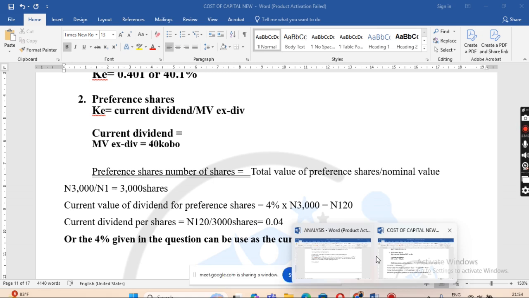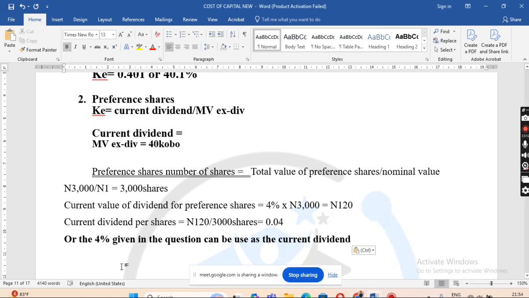Now, if this is established, right? So now, the current dividend, the Ke will be equal to, don't forget, this is the formula here, right? The current dividend could be 0.04 because 4% is 0.04. Is that not so? Now, divided by the 40, right?